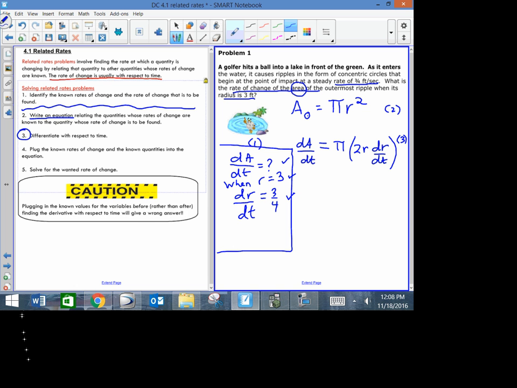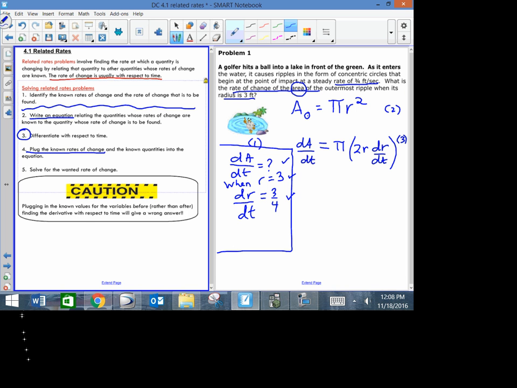Now, once you have it differentiated, you can plug in the known rates of change. I think when you get your quiz back, you'll see I made a comment on some of those implicit ones that you could have plugged in a lot sooner. A lot of you spent a whole lot of time doing some algebra, and then you plugged in.